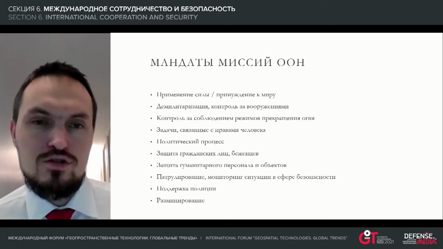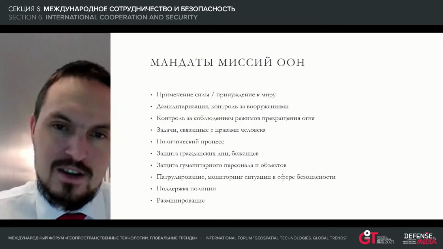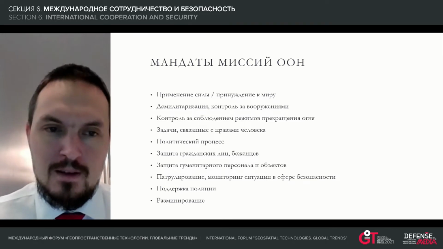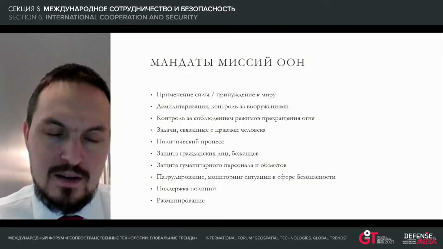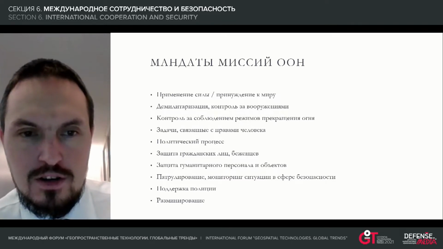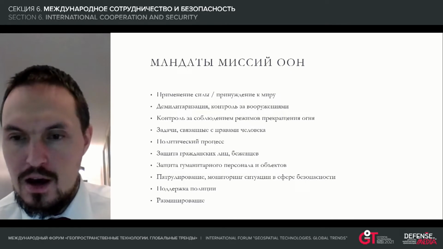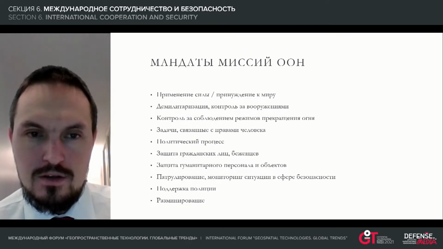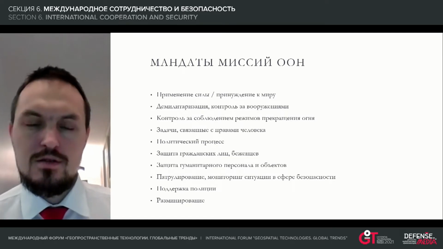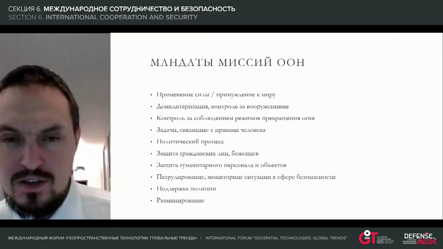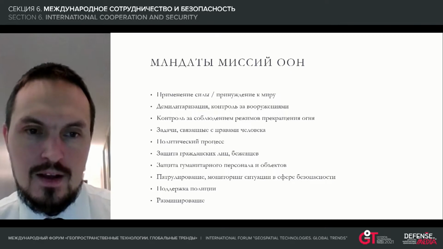If there is a different phase of the conflict, the tasks and assignments could be demilitarization and control of disarmament. Very often, it's also the monitoring of compliance with the requirements of the ceasefire regime, like in Donbass, Ukraine.